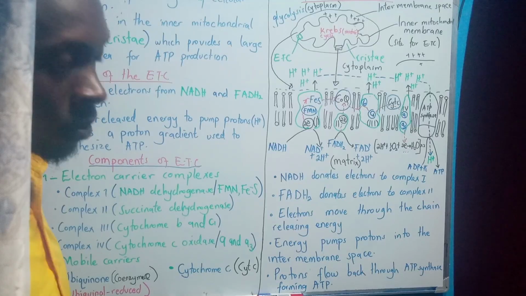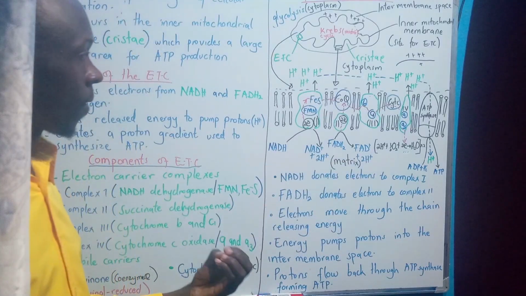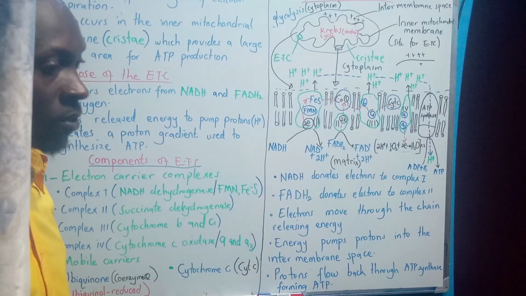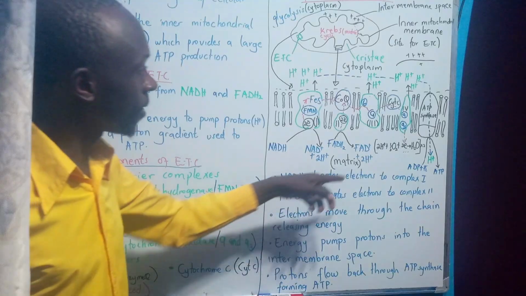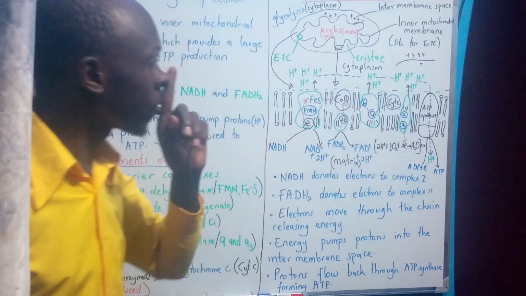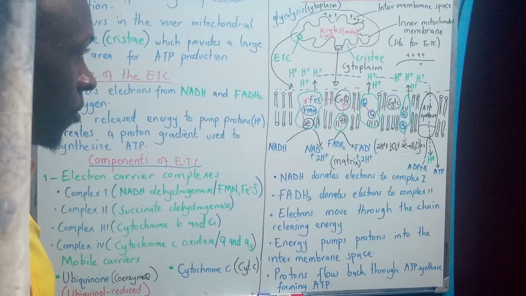That shows how significant aerobic respiration is, because this oxygen is coming from the air that we breathe in. If you don't breathe in, you will not get the oxygen that will complete the electron transport chain. Remember, the electron transport chain produces the biggest percentage of the ATP that we use in our body.